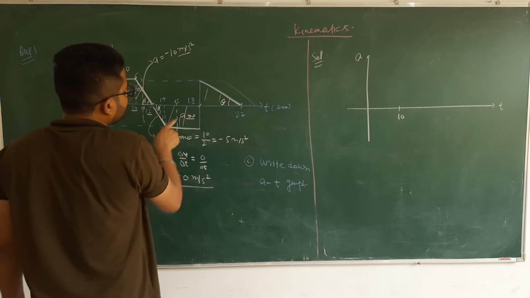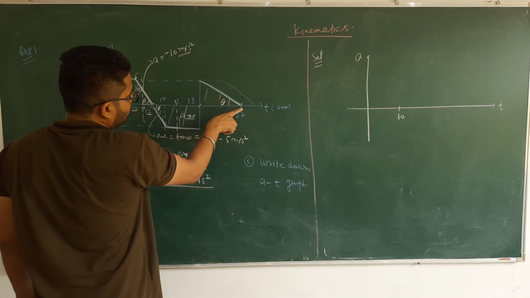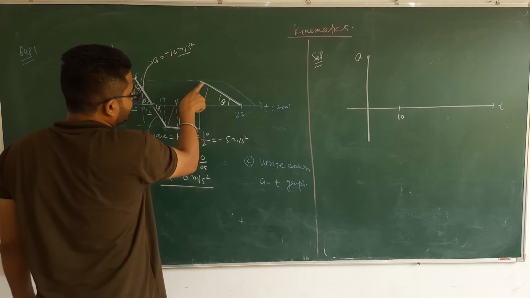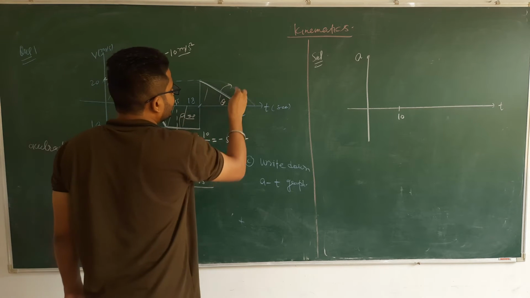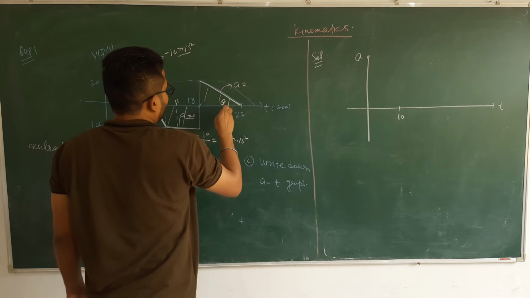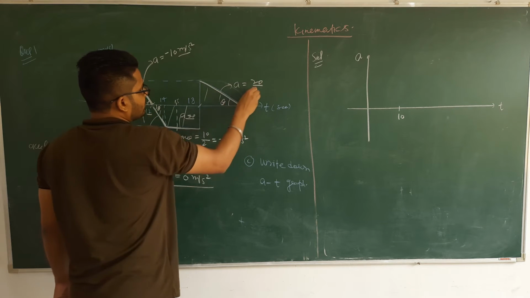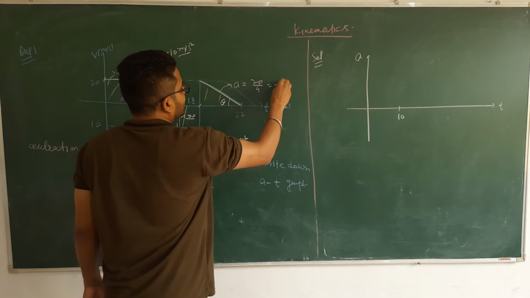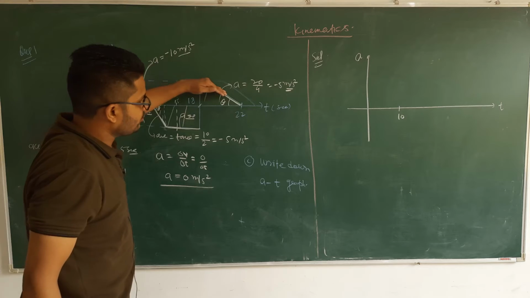The velocity goes from 20 at 18 to 0 at 22, so velocity is decreasing. The height is 20 and the time period is 4. So the acceleration is minus 5 meter per second square because velocity is decreasing.